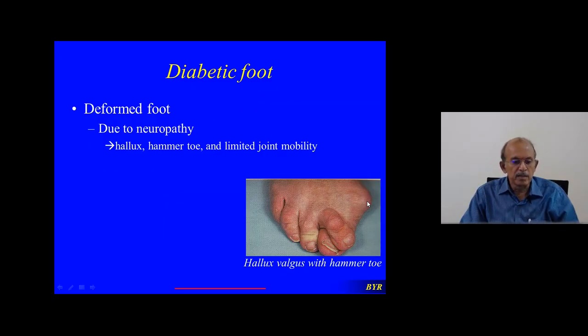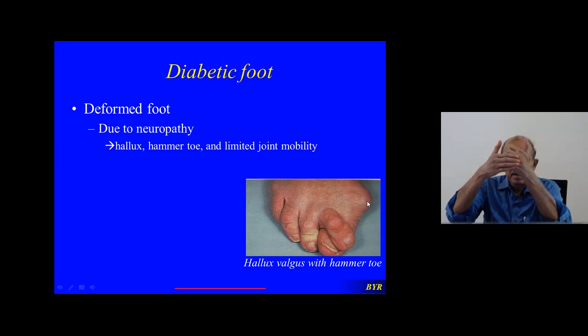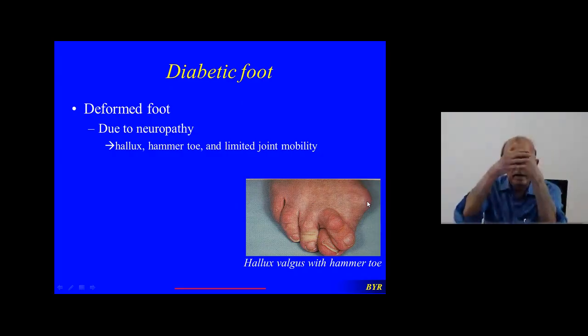Yes, knock knees are called genu valgus. If the knees are like this, they are valgus. If they are like this, it is genu varus. Towards the midline means varus, which means there should be adduction.